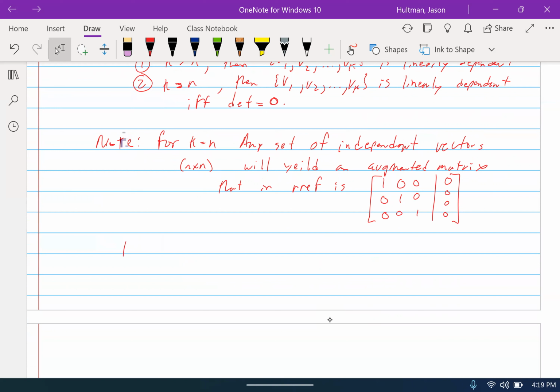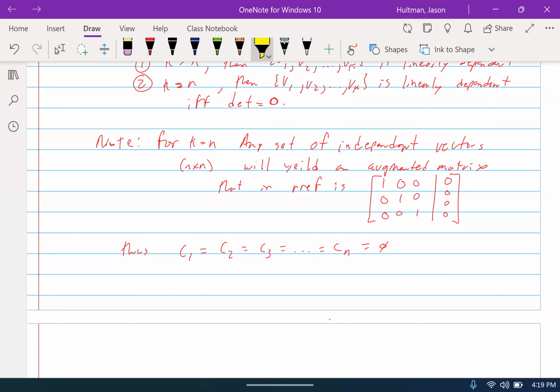So, thus, C1 equals C2 equals C3 equals Cn, and those would all be equal to 0. All the constants would have to be equal to 0, because 1C1 would equal 0, C2 would equal 0, C3 would equal 0.